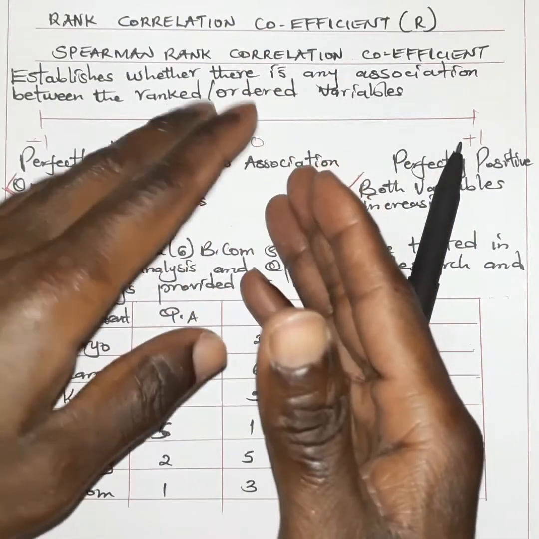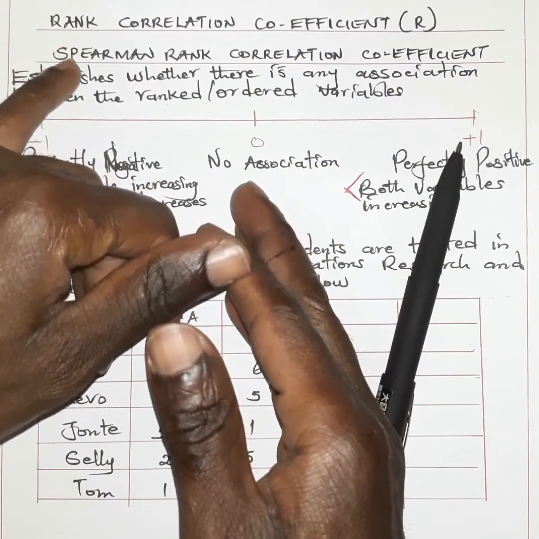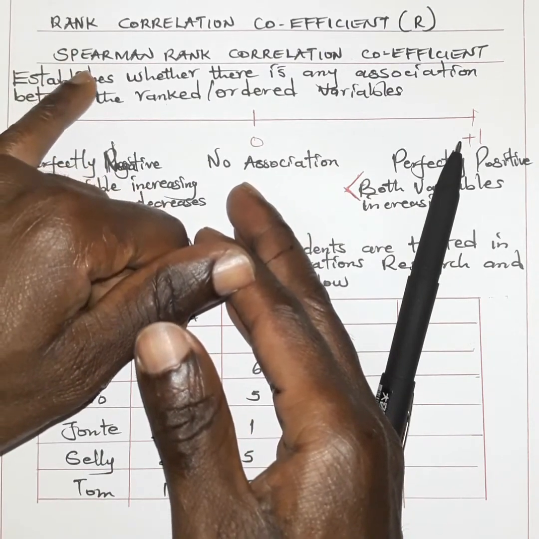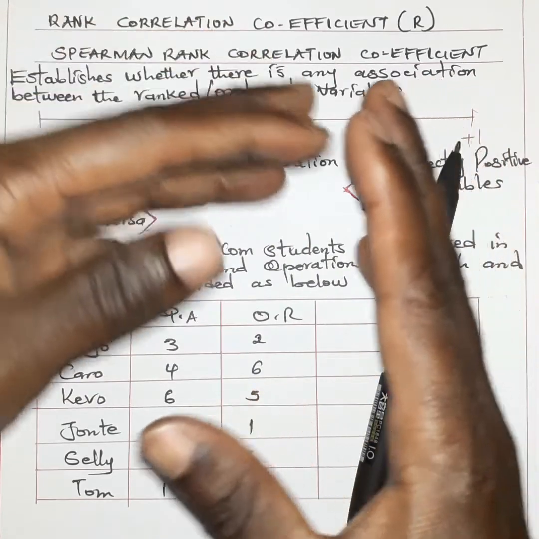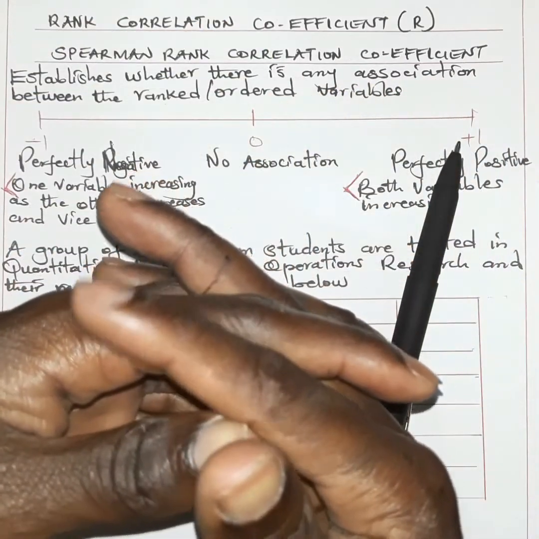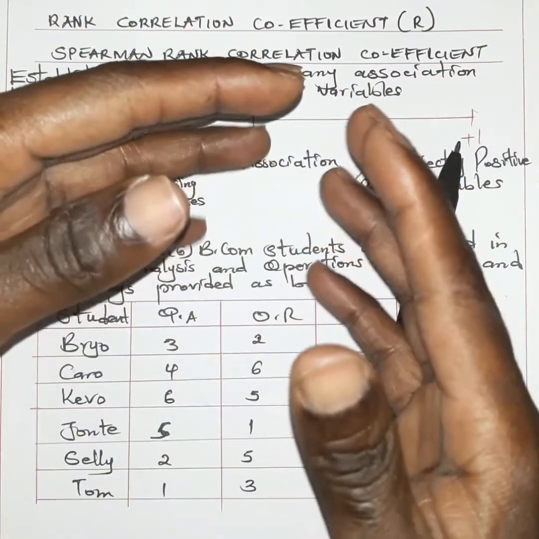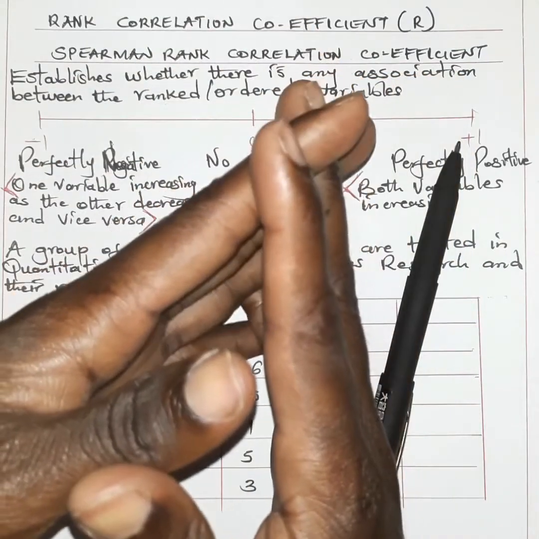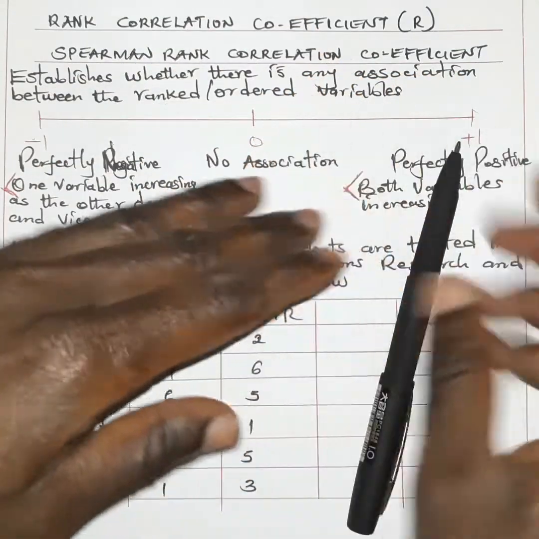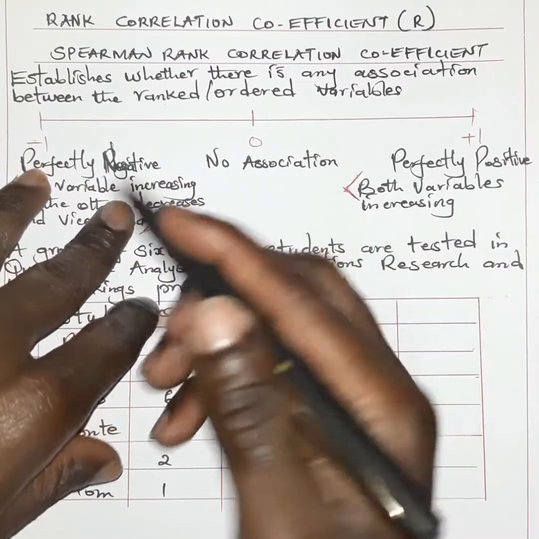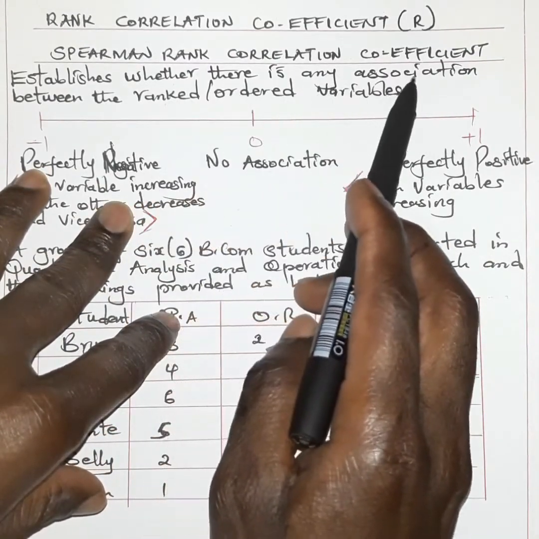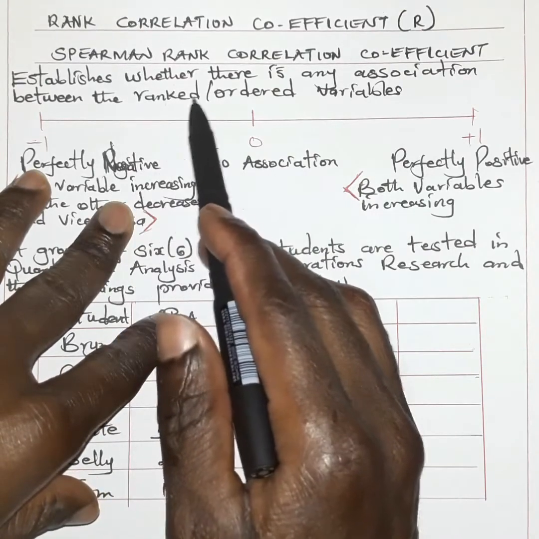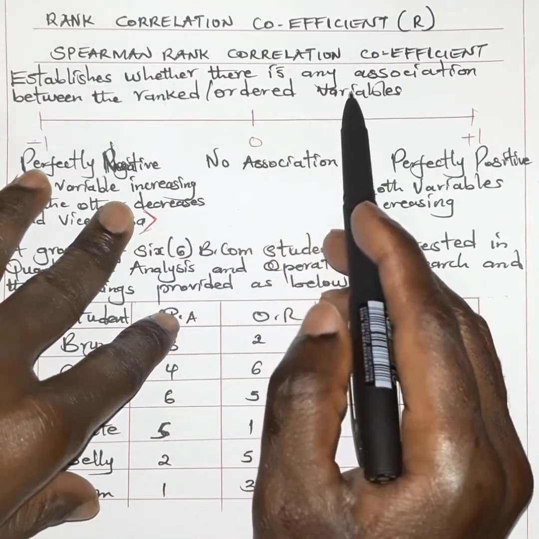When you talk about the rank correlation coefficient, this deals with ranked data or ranked variables, those arranged in some particular order. It establishes whether there is any association between the ranked or ordered variables.